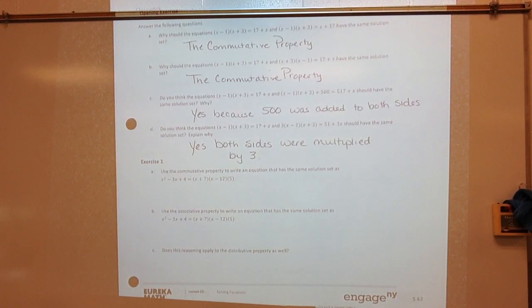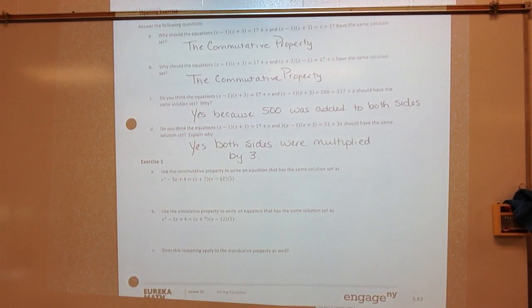So in other words, if I'm using the properties, as long as I'm doing it to everything, I'm going to have equivalent expressions. Therefore, equations created this way consist of expressions equivalent to those in the original equation. In other words, if x is a solution to an equation, then it will also be a solution to any new equation we make by applying the commutative and associative properties to express that equation.